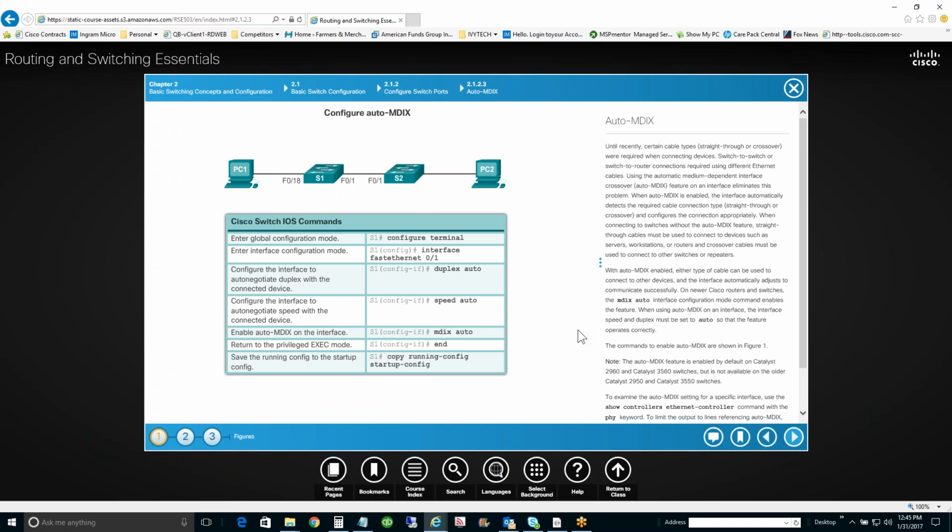The MDIX on a port basically allows it to be smart enough to know that it needs to switch the communications there. So that made life a lot easier, so you weren't always digging for that special cable to get things to talk.